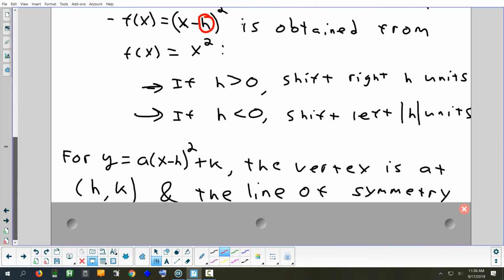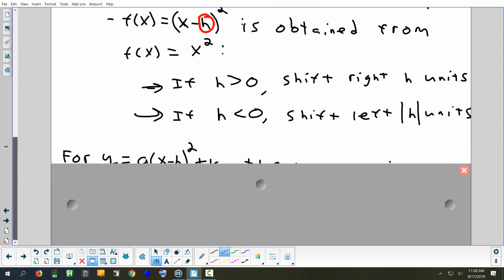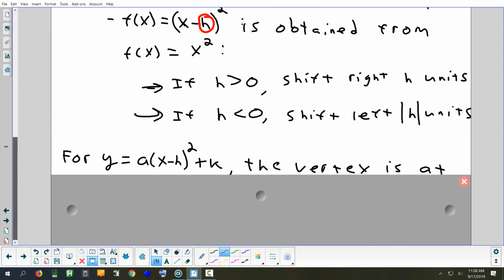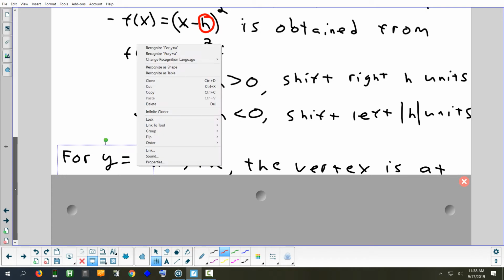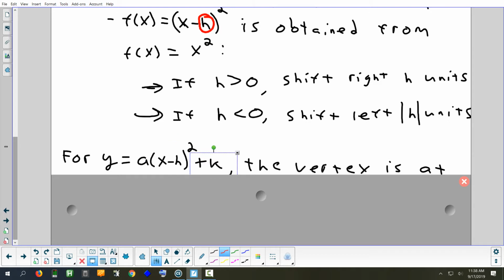All right. So, there's our horizontal shifts. Now, this is an example of basically everything we've done so far. A is your vertical stretch. H is your shift left and right. And I used K for the shift up and down. Out of these three letters, A, H, and K, only two of them actually affect where your vertex is going to go.